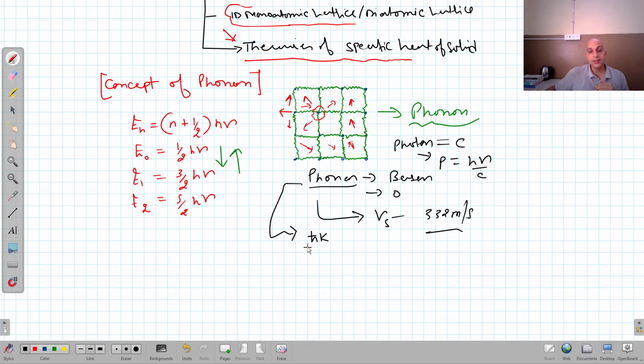This is the momentum that is supposed to be possessed by a phonon, although it is not actually carrying any momentum. It is behaving like a particle that has momentum, and this is usually the momentum of a crystal structure. Here h cut we know very well what it is. K is the wave vector of the phonon. So these are some properties of phonons.